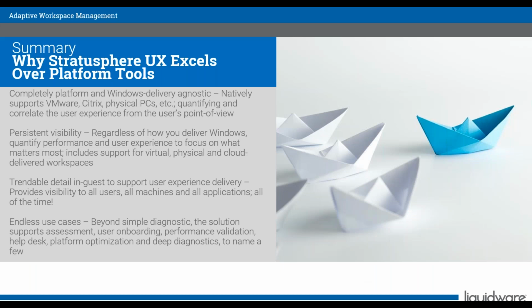So Stratosphere UX excels over the platform tools out there. It's not just monitoring. It's got APM capabilities, everything from what data store was Jason Smith running on last month. So when Jason Smith attached to my VDI system, what ESX server was he on? What data store was he running on? What applications was he running?